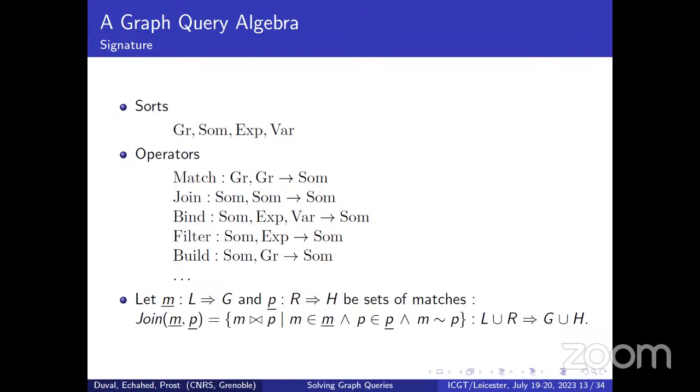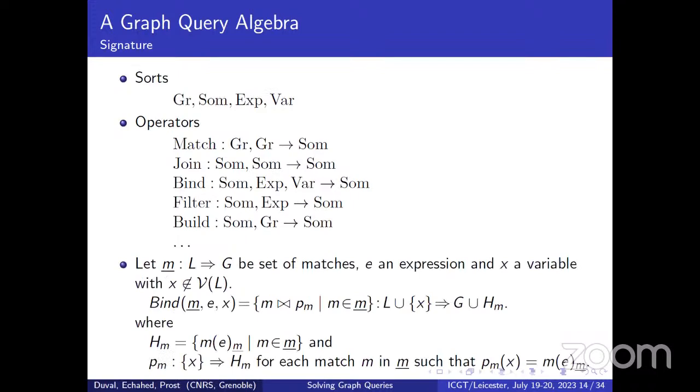So if this one goes from L to G and this from R to H, I'm giving the definition in the case of the category of RDF graphs. So we have here L union R into G union H, and each time M and P should be compatible.